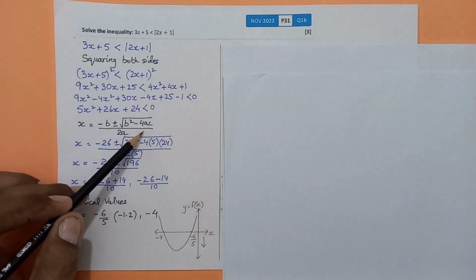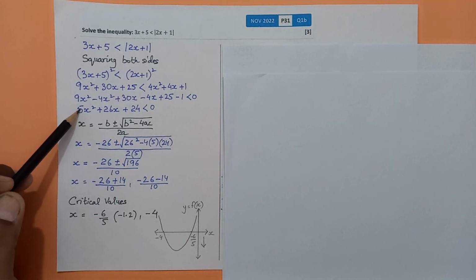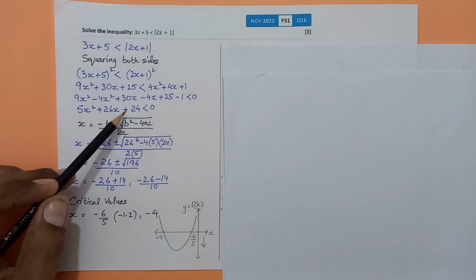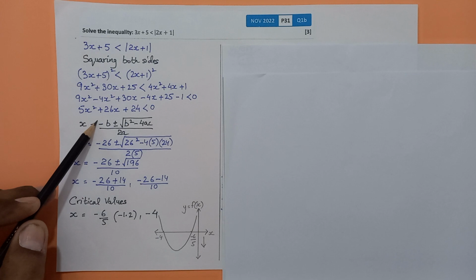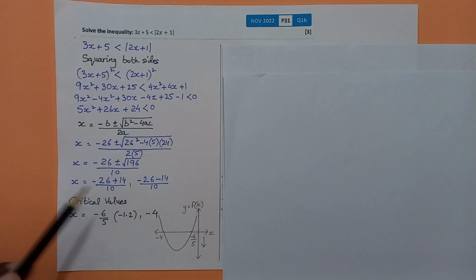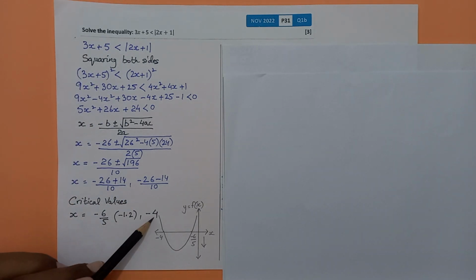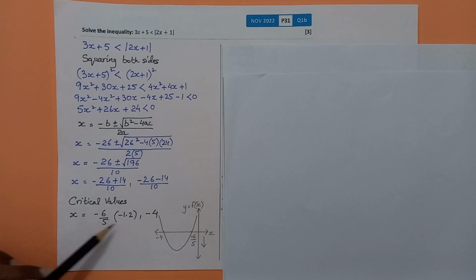Just use the quadratic formula. Use the values of a, b, c, which is a is 5, b is positive 26, c is positive 24. Place them in the quadratic formula, simplify them, and get the two critical values, which are minus 6 upon 5 and negative 4.